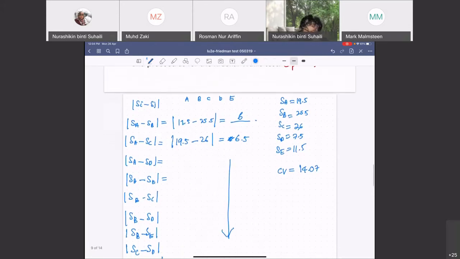So you create another column, put the decision. You have to say whether you accept or reject the null hypothesis based on the comparison between the CV and the absolute value of Si minus Sj.